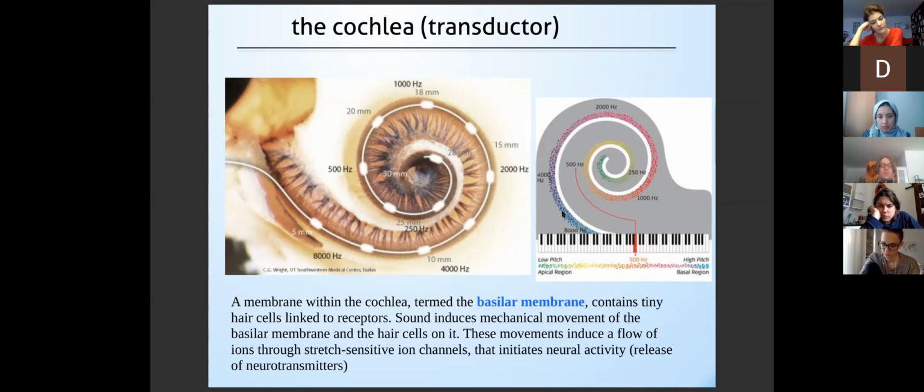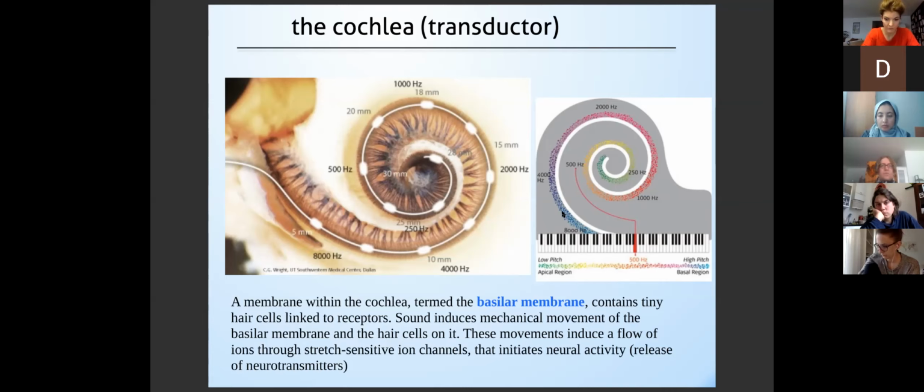So the membrane vibrates because of the sound. It makes this little hair move. And when these hairs move, they induce a flow of ions through some stretch-sensitive ion channels. Now, you should know what ion channels are, right? And you know that when ion channels activate, they change the voltage of the cell. These ion channels are activated by the movement of the membrane.